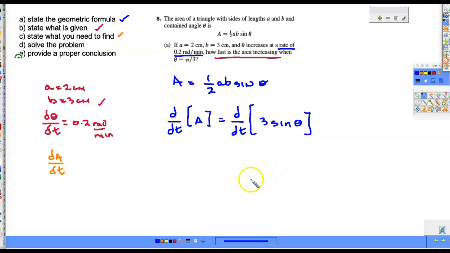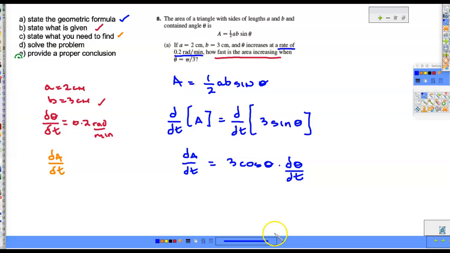And now we're taking the derivative of both sides with respect to time. So you're going to get dA dt is going to be 3 cosine theta times d theta dt.